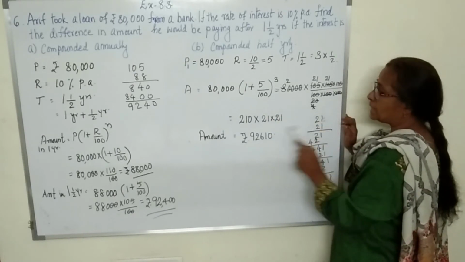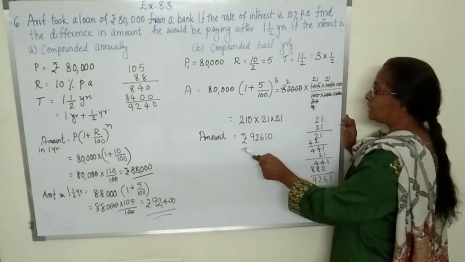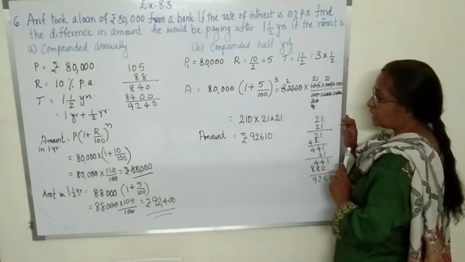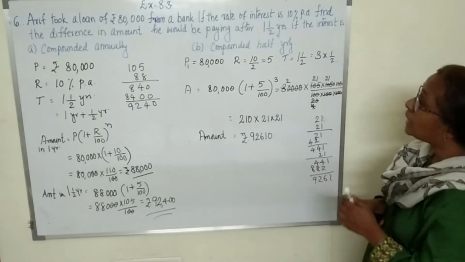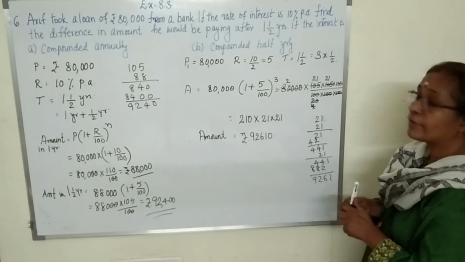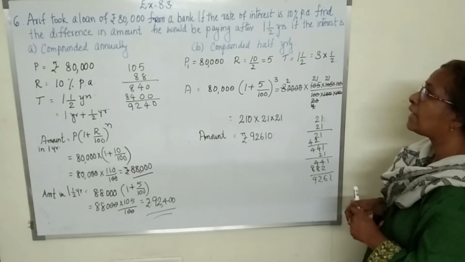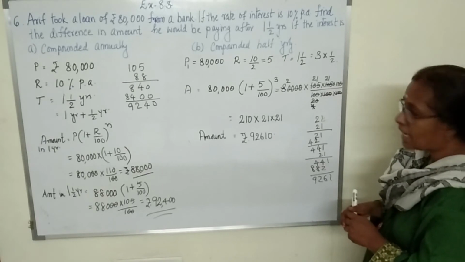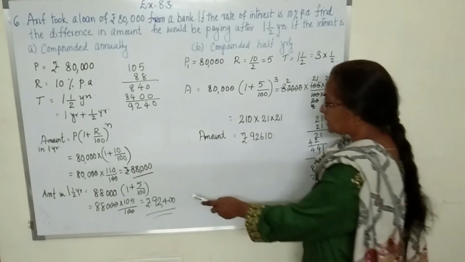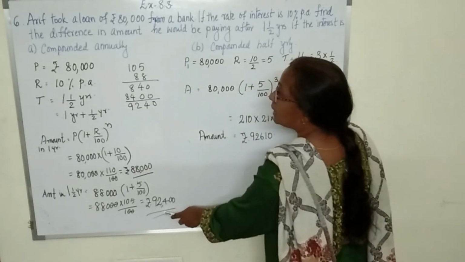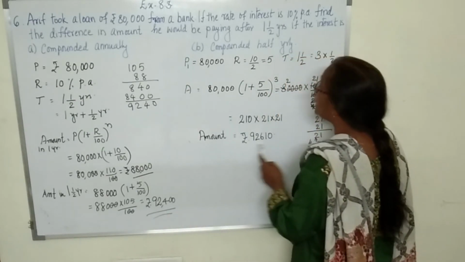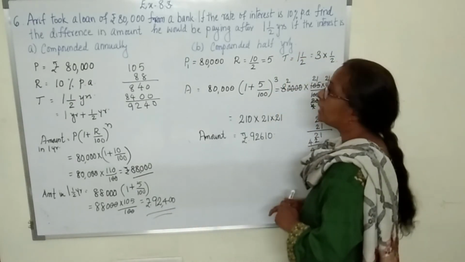So when we do the cancellation and calculations, we get 92,610. Now you are asked to find out the difference in amount he would be paying after 1.5 years. So this is the annually compounded, and this is half yearly compounded.